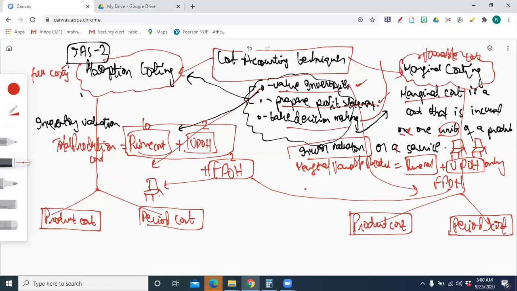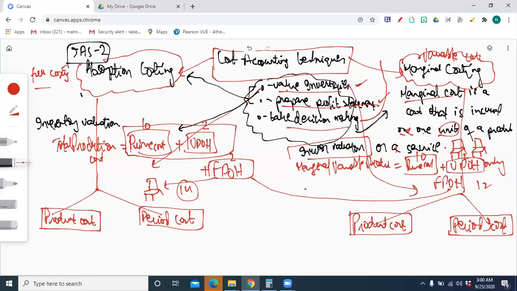Absorption costing would value one chair on the basis of the full production cost of 14, since it is a full costing method, but marginal costing would value one chair at 12, because that is considered the marginal cost, the variable cost incurred in producing one chair. So one values inventory at 14, and the other at 12.